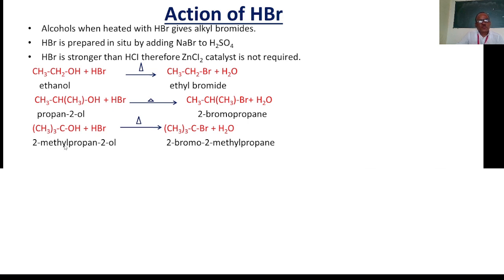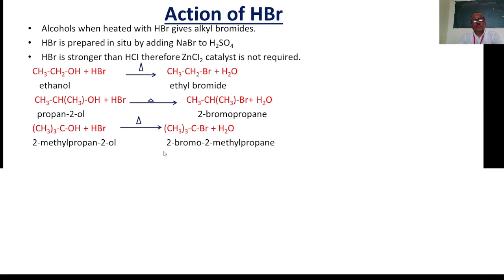Third example, tertiary alcohol. This tertiary alcohol is 2-methylpropan-2-ol, or tertiary butyl alcohol, (CH3)3COH, which reacts with HBr. On heating, it gives 2-bromo-2-methylpropane, or tertiary butyl bromide, plus a water molecule.